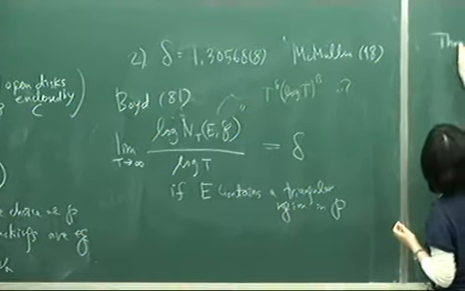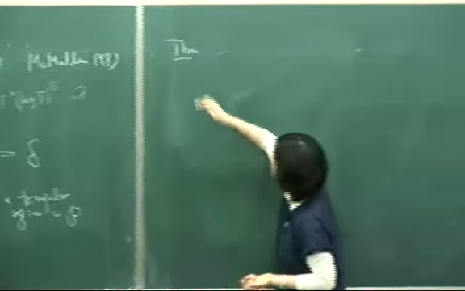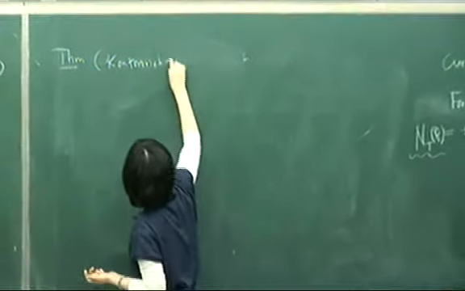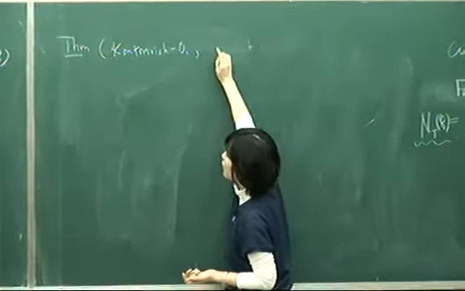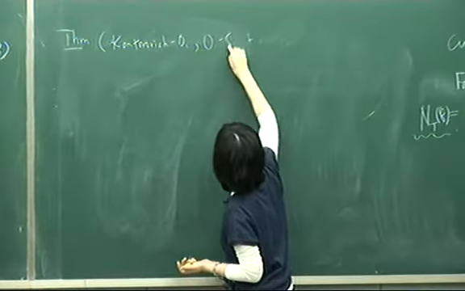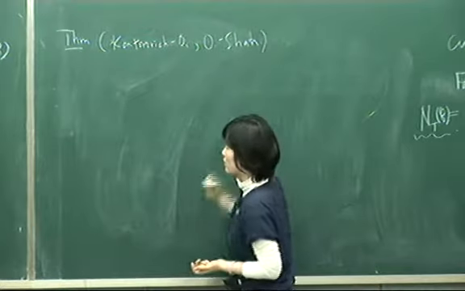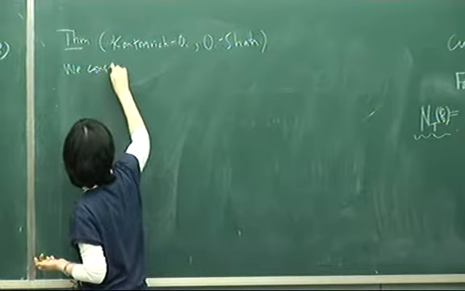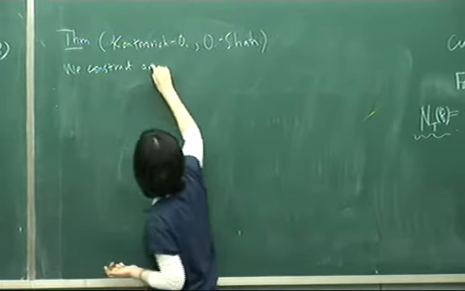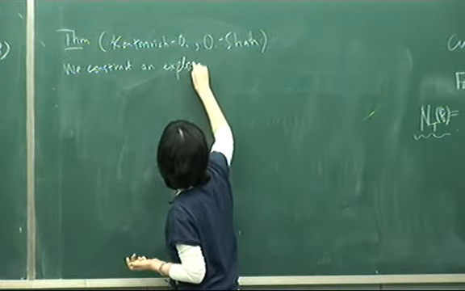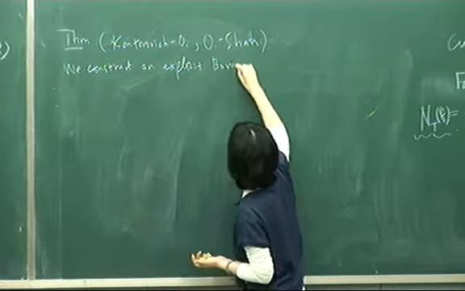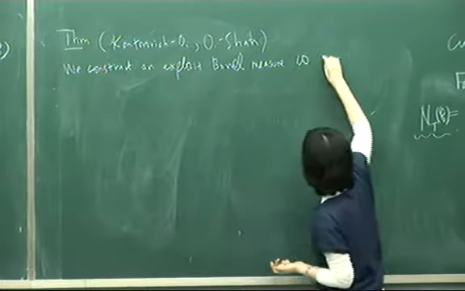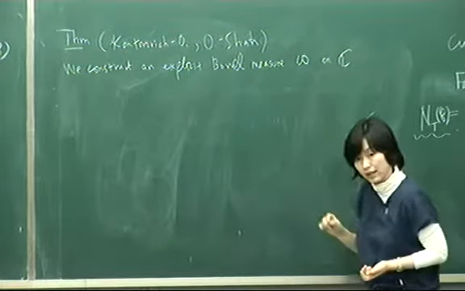So, theorem. Some special cases were proved by Kontorovich and myself, and also by myself and Shah. We construct an explicit Borel measure omega on the complex plane.